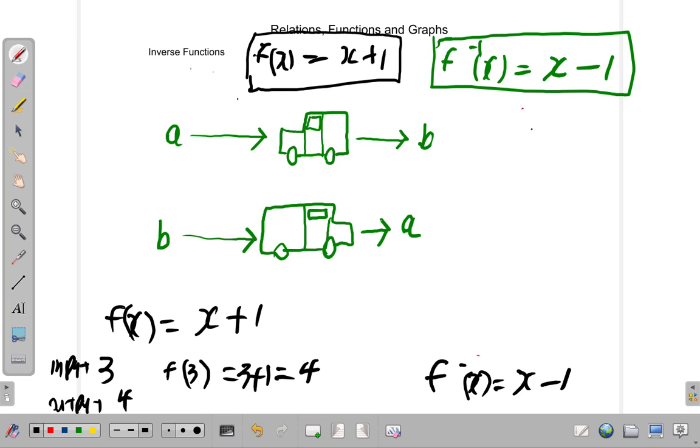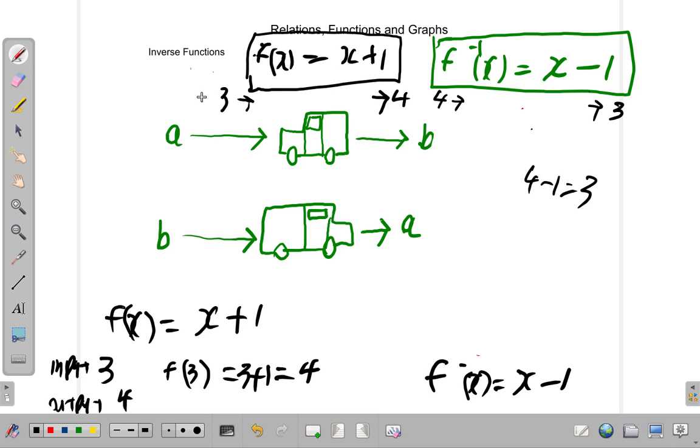Up here, I had 3 in and got 4 out. Okay, good. Now, what if I put 4 into my inverse? What would I get out? If I put 4 into this, I would have 4 minus 1. 4 minus 1 equals 3. I got out 3. Okay, good.